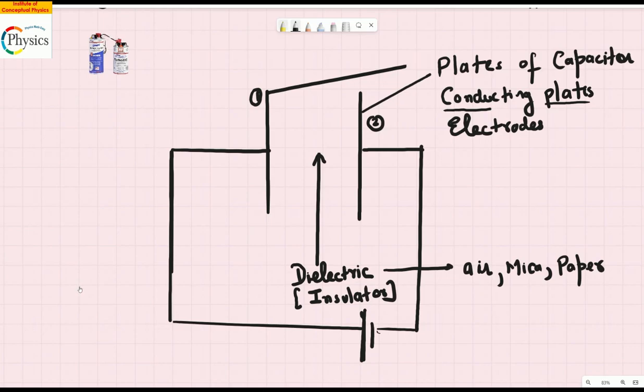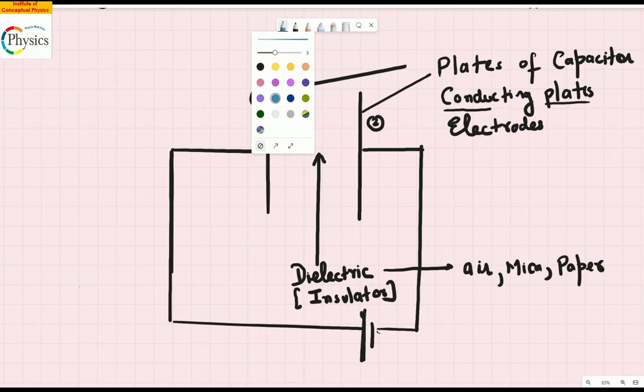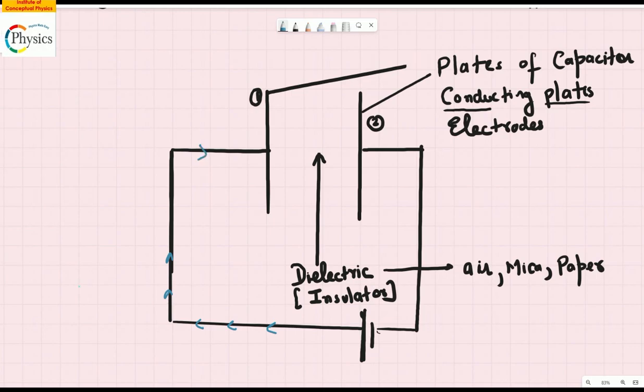Now the charge starts moving from the battery, so this is the charge which is moving. And now it reaches the plate. See, plate is a good conductor. But the problem is when the charge reaches the plate, now the charge wants to move towards what?